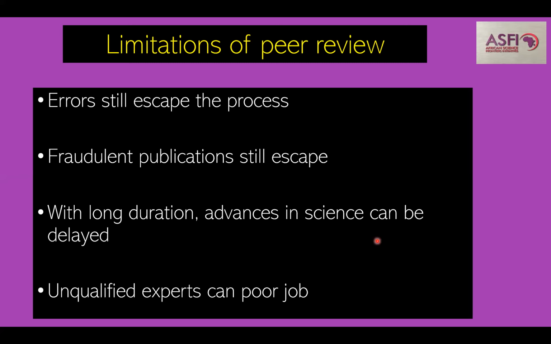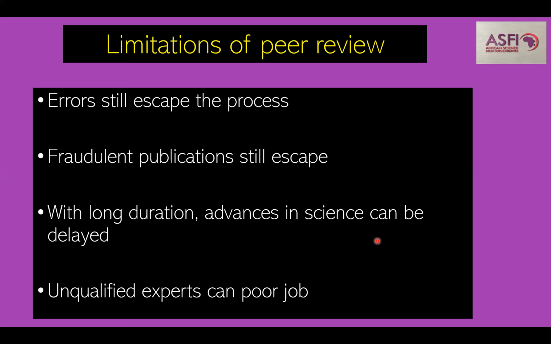Their goal is to make a name, and so they engage in fraudulent activities to the extent that they fabricate data, they fabricate information, and many of them end up publishing in top journals. But those publications sound so sweet that they turn out to be fraud, errors.